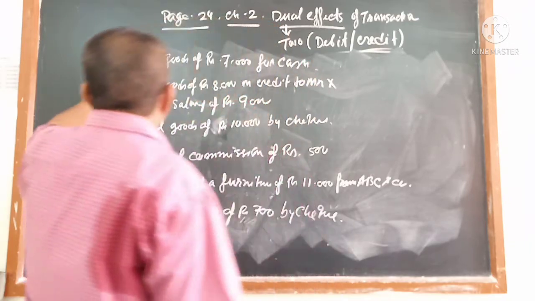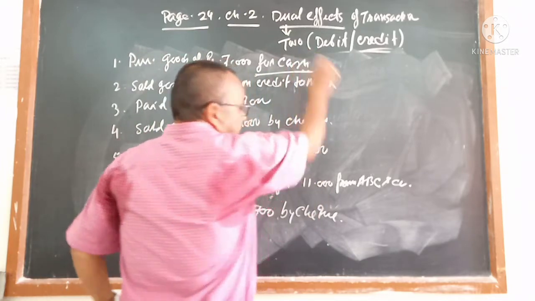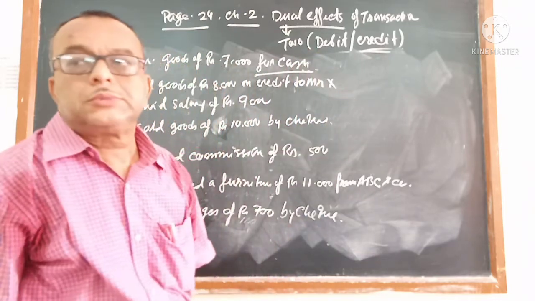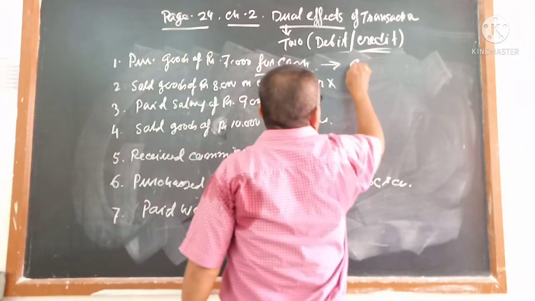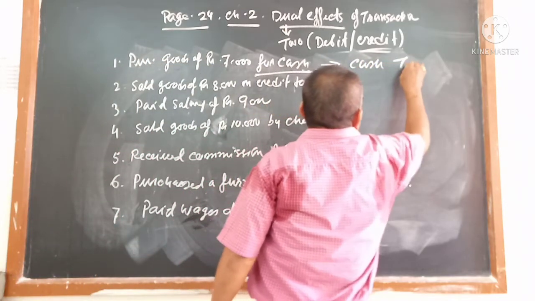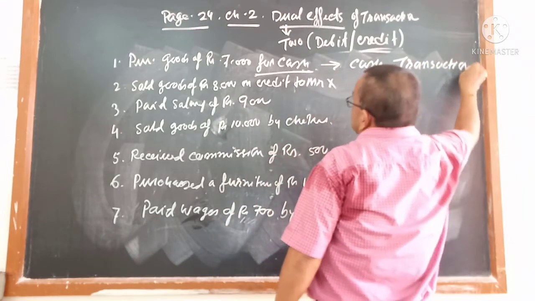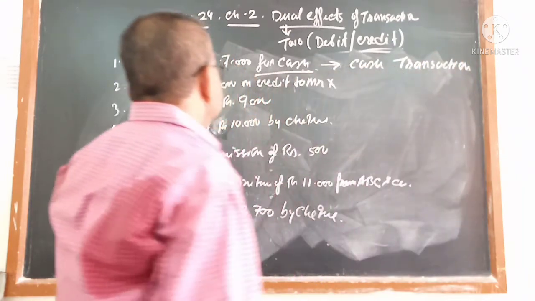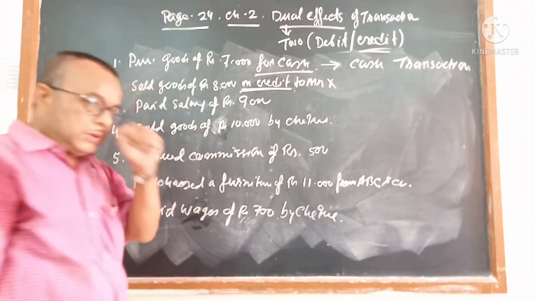First of all, the purchase goods of ₹7,000 for cash. I got it. The first point. For cash is mentioned. So it is a cash transaction. Correct? Second point. Sold goods of ₹8,000 on credit. See here, on credit is mentioned.